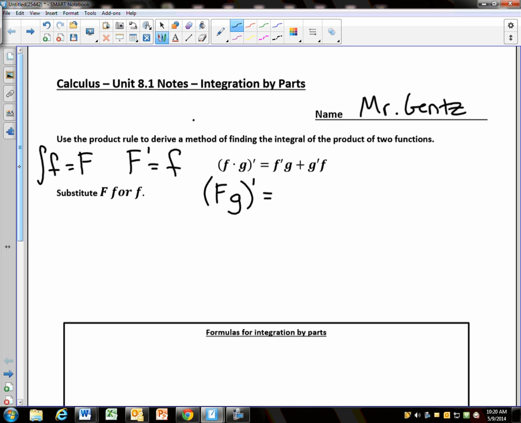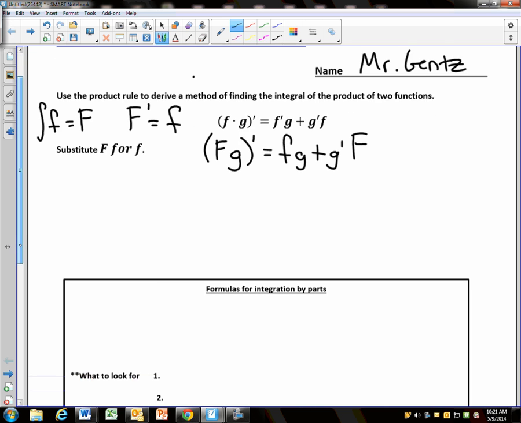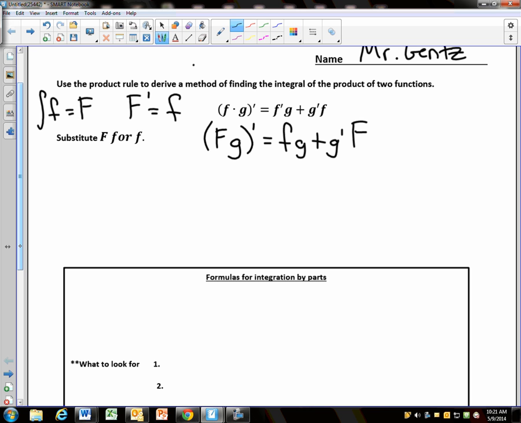I would have the derivative of big F times g equals little f times g plus g prime times big F. So that's my new product rule; I've just rewritten it. Everybody okay with that step?